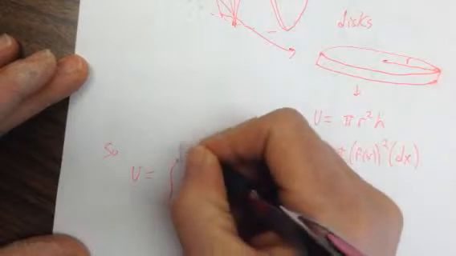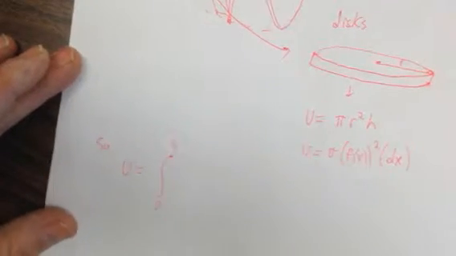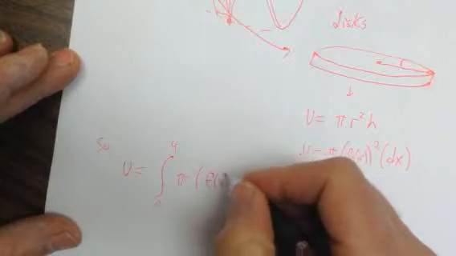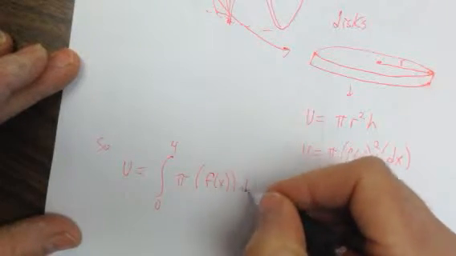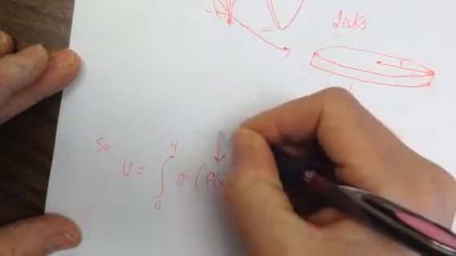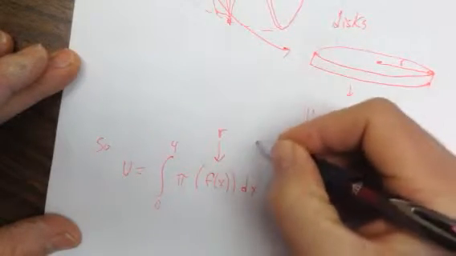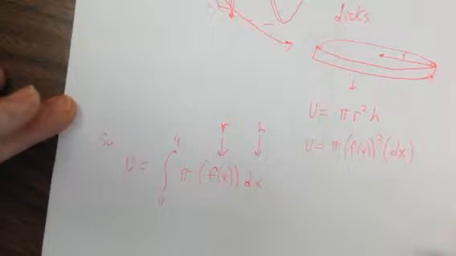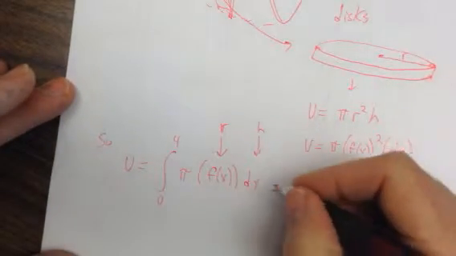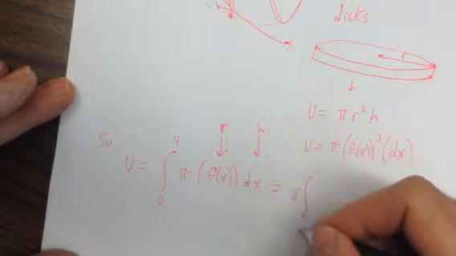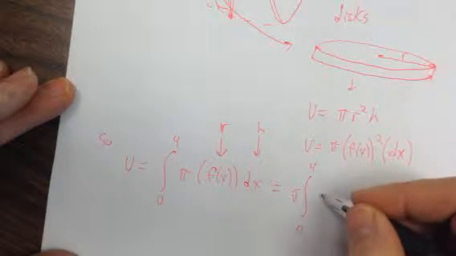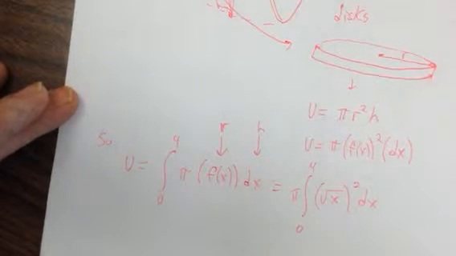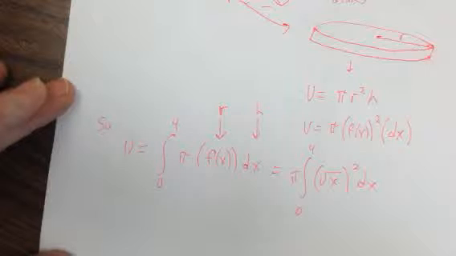Volume is the integral from 0 to 4 of pi times f of x squared dx. This is the radius, this is the height. We're adding up all of those from 0 to 4. In this particular case, we can pull the pi out: the integral from 0 to 4 of the square root of x, squared, dx. And then we just have to evaluate that definite integral.